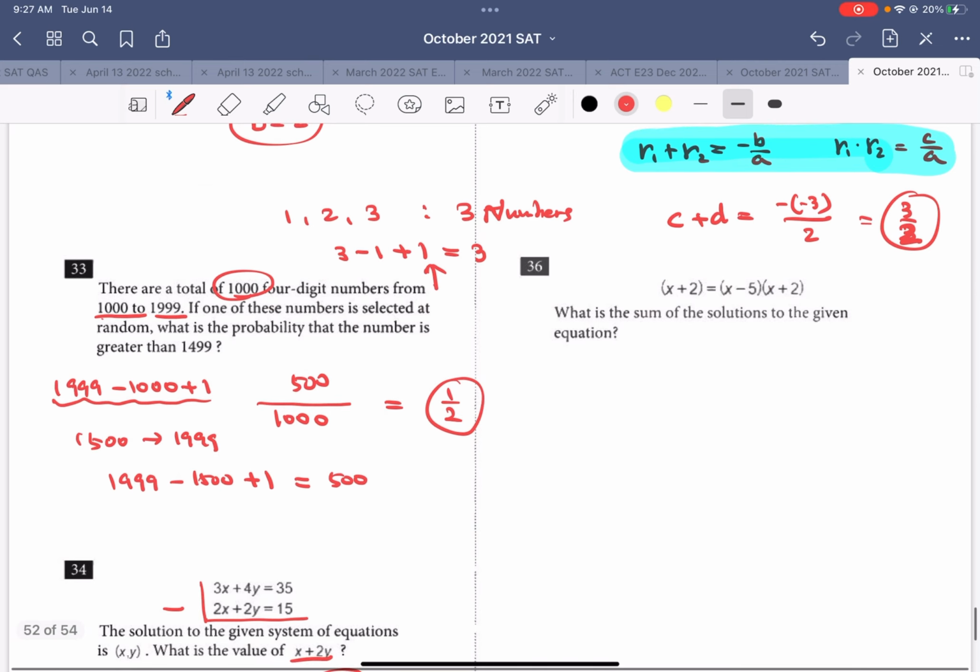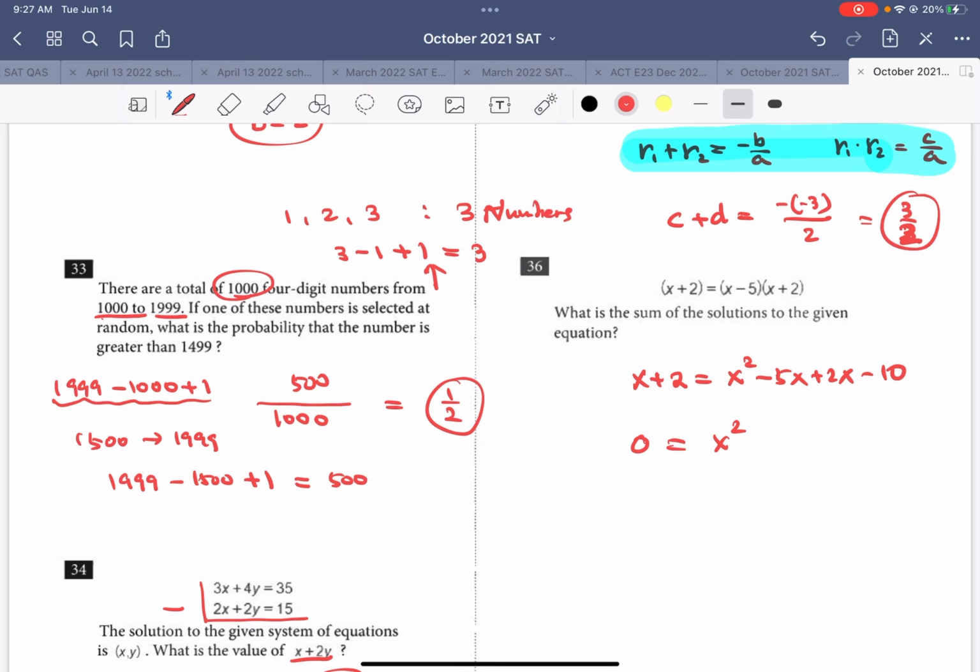Now, number 36. What is the sum of the solutions to the given equation? You can expand out the right hand side. So x squared minus 5x plus 2x minus 10. And then you make one side 0.